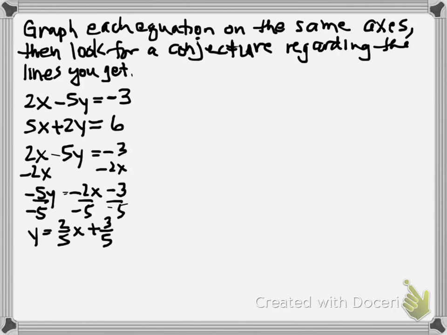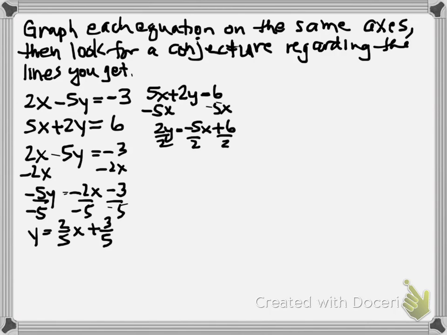The second equation, we have 5x plus 2y equals 6. Subtract 5x from both sides. We get 2y equals negative 5x plus 6. Divide everything by 2. And we get y equals negative 5 halves x plus 3. That's not looking real good.